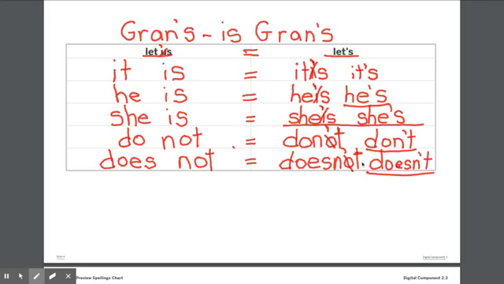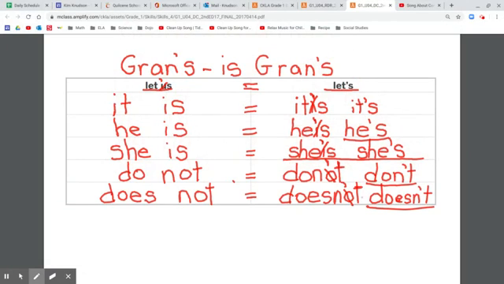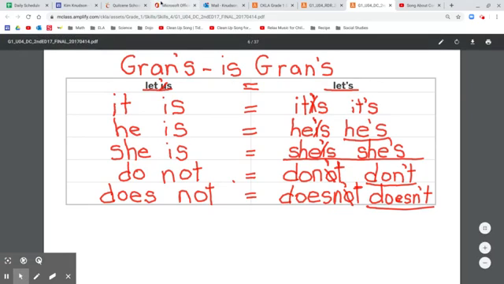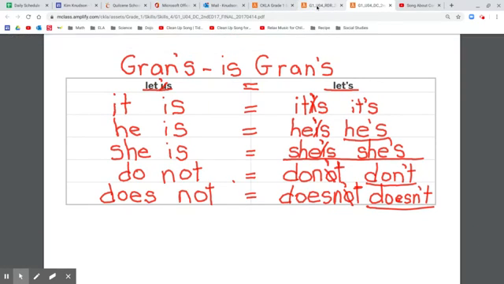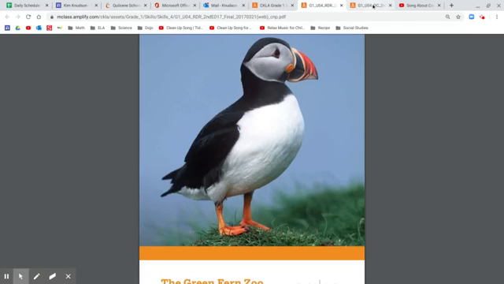Excellent job. So, what I'd like you to do now is get a blank piece of paper, and we are going to do just a little bit of chain spelling with our new ER sound. It looks like there's only about 10 or 11 words we're going to make. So I'm going to switch screens and find my template for that.